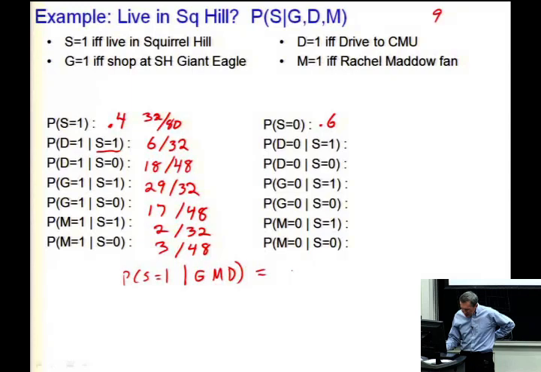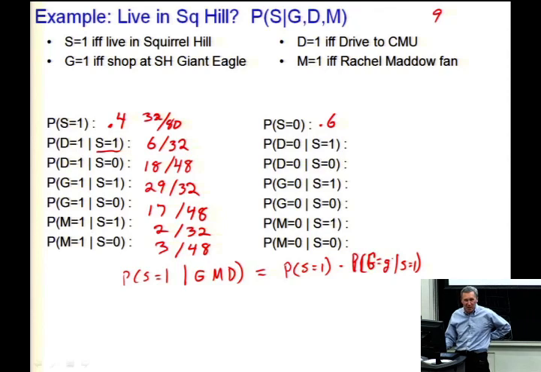It's just going to be the probability that s is 1, times the product: the probability that Giant Eagle is your value, which I'll indicate by little g, given s equals 1, times the probability that driving is your value, which I'll indicate by little d, given that s equals 1, times the probability that your Maddow variable, little m, given s equals 1.